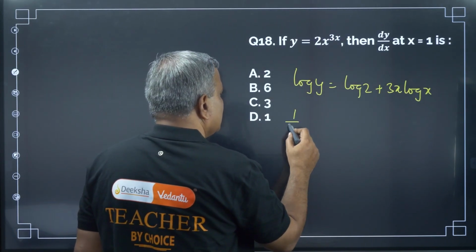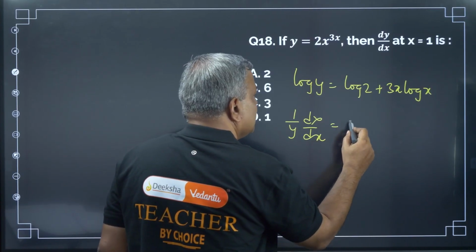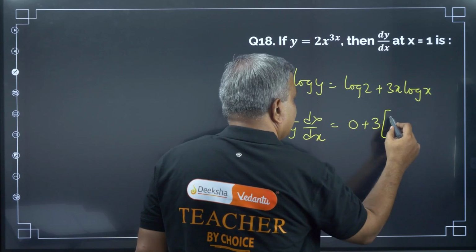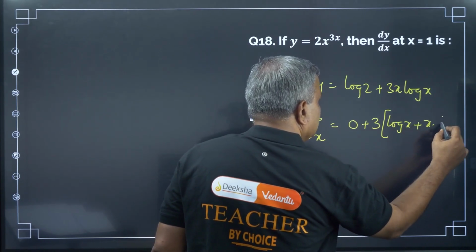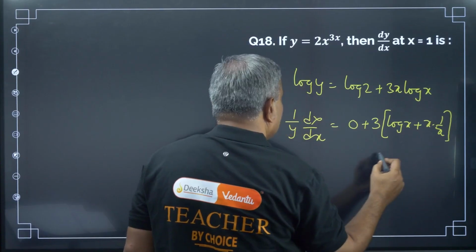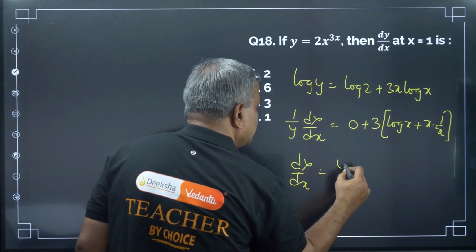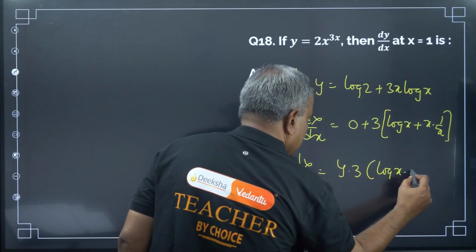Differentiate both sides: 1 by y dy by dx equals 0 plus 3 times, using the product rule, the differentiation of x is 1 into log x plus x into 1 by x. So we get dy by dx equal to y into 3 (log x plus 1).